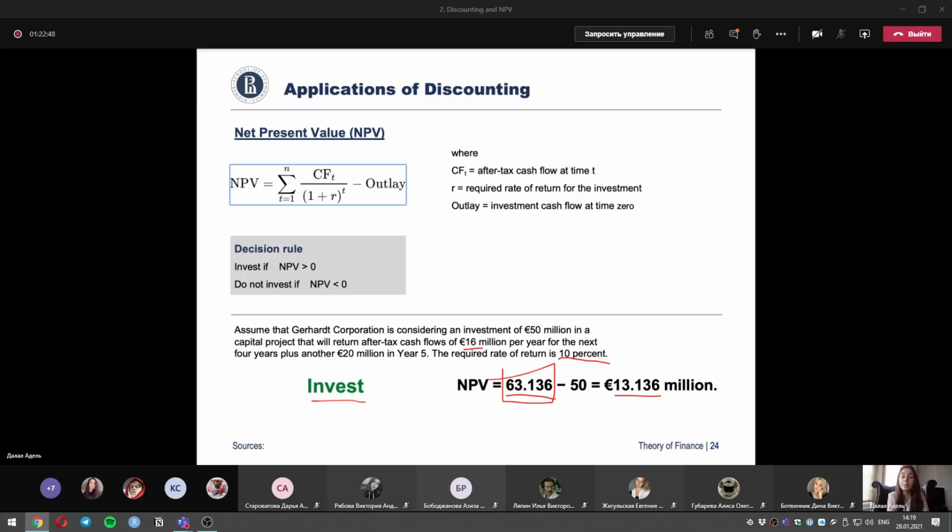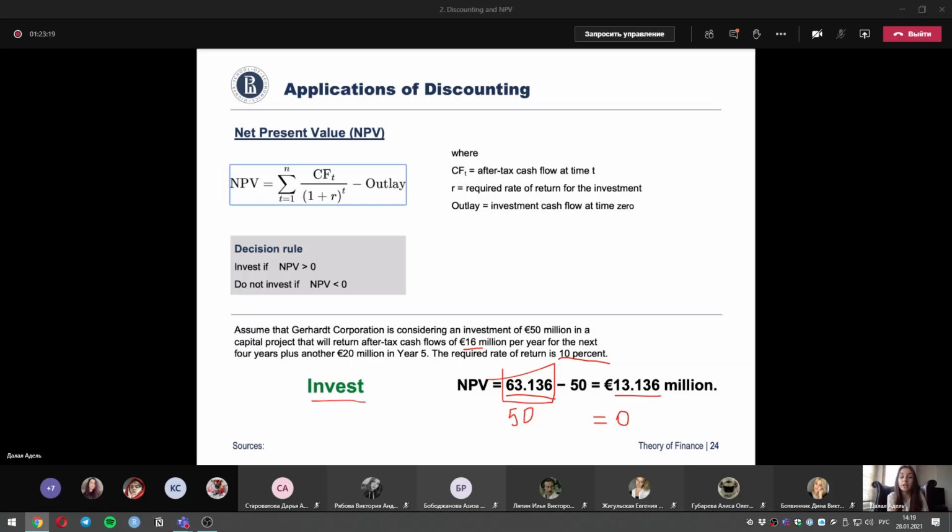If the present value of cash flows were $50 million, so that our NPV is 0, it means that our cash flows cover exactly what we would have earned if we invested this 50 million at 10%.